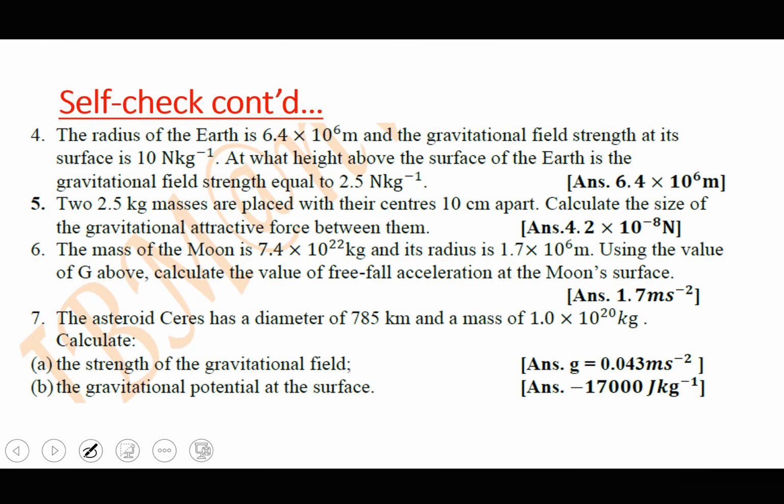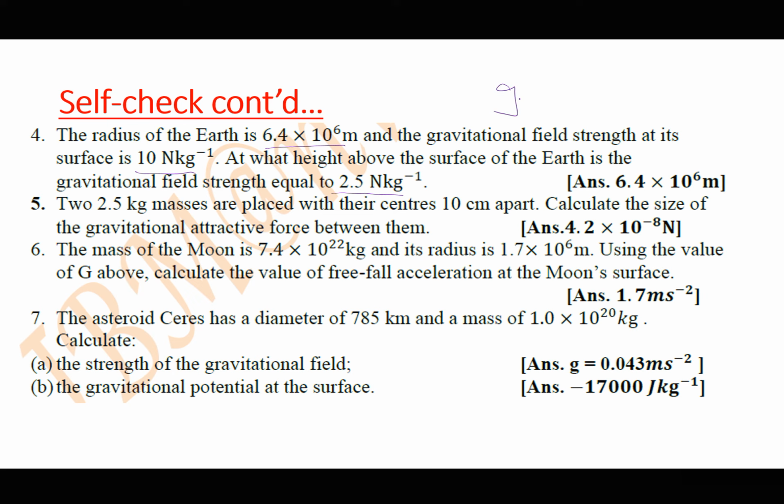Number 4, the radius of the Earth is again given as that, and the gravitational field strength at its surface is 10 newtons per kilogram. At what height above the surface of the Earth is the gravitational field strength equal to that? Of course, here I just rely on the expression of gravitational field strength.